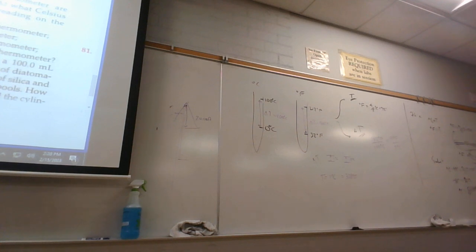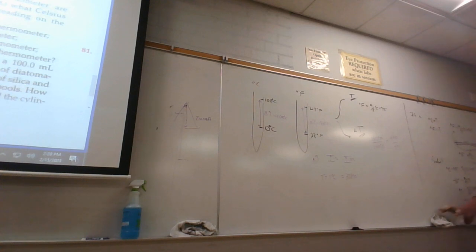If my degrees Celsius is minus 101.25, I'll plug that in here and minus 49. Actually, it's negative, sorry. And so that means my degrees Fahrenheit must be minus 101.25 minus 49, which is minus 150.25 degrees Fahrenheit. And so my Fahrenheit reading is 49 degrees less than my Celsius reading.